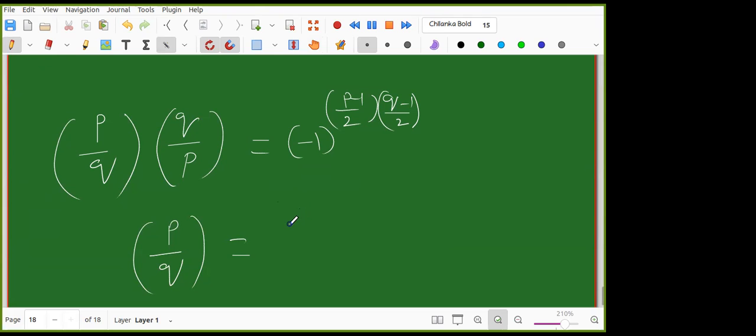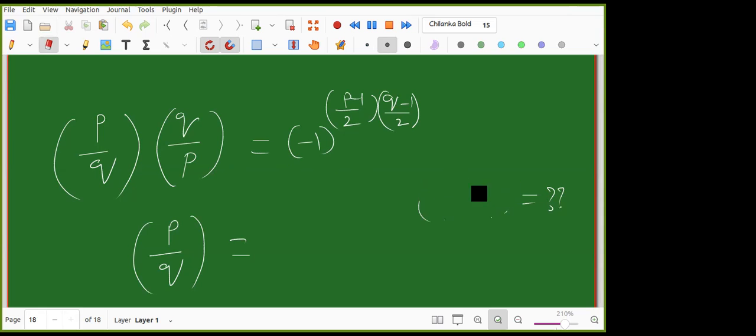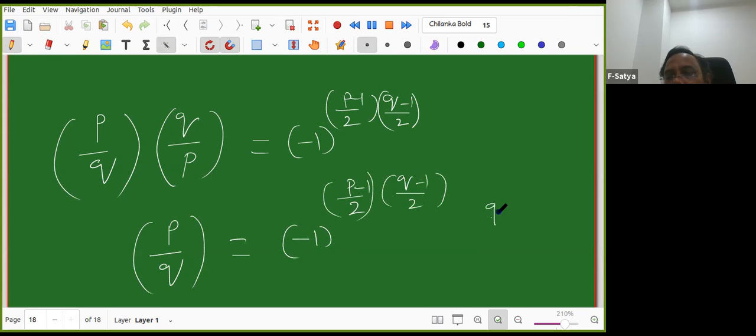Very good. What is (q/p) into (q/p)? 1. Yeah, (q/p) into (q/p) is 1. So multiply both sides by (q/p). Wonderful, Aditya. Thank you. So it becomes (-1) power (p-1)/2 into (q-1)/2 into (q/p). So in order to compute (p/q), I'll compute (q/p).